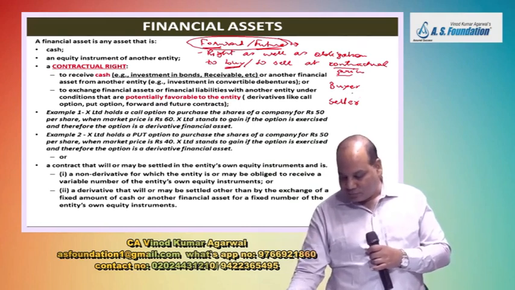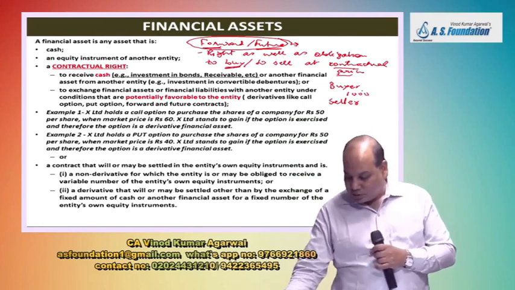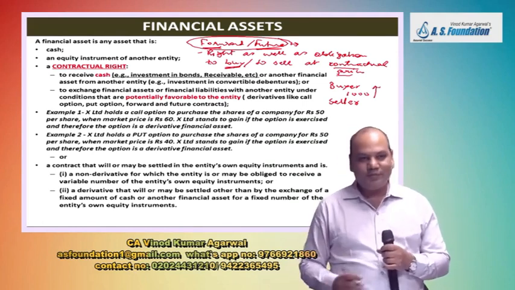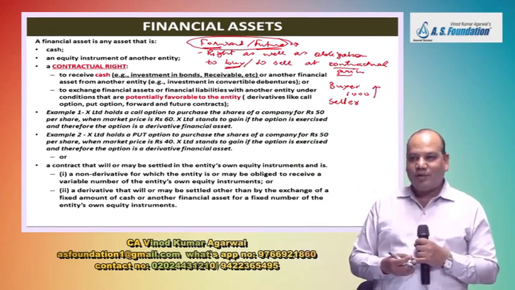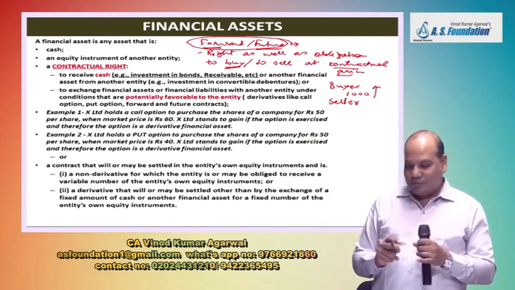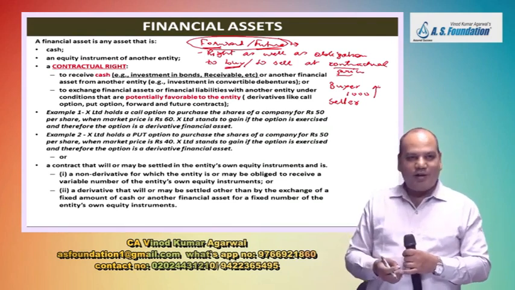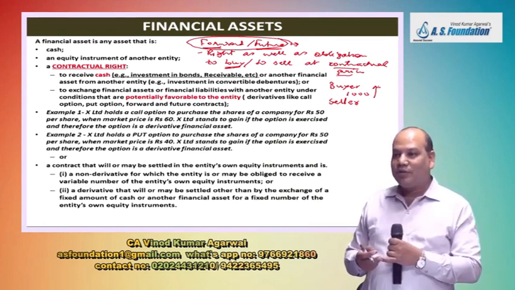Don't bother. Now, suppose they have agreed at 1,000 rupees for a share and share price goes up. Share price goes up on the reporting date. It is more than 1,000 rupees now. So who is having a potential gain here? Buyer. And who is having a potential loss here? Seller.